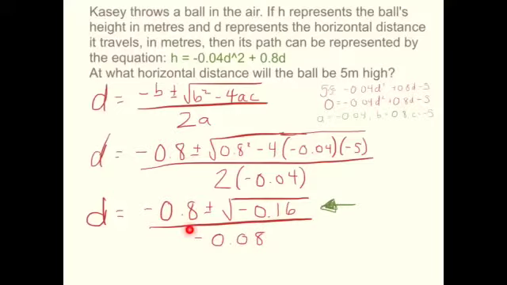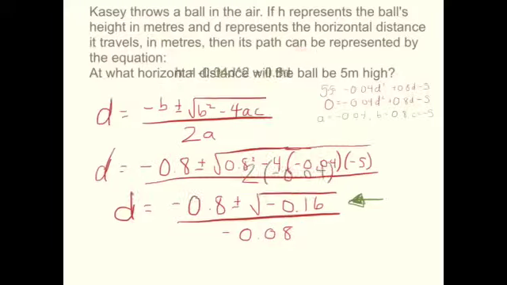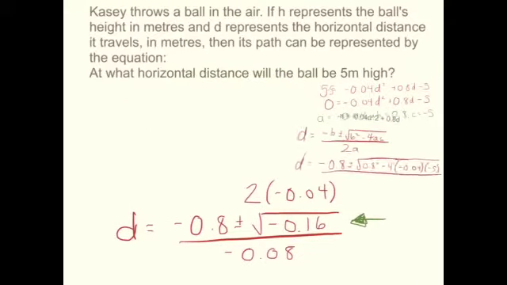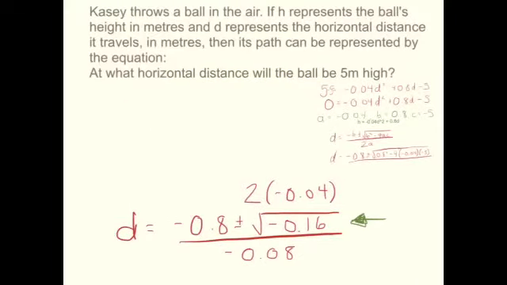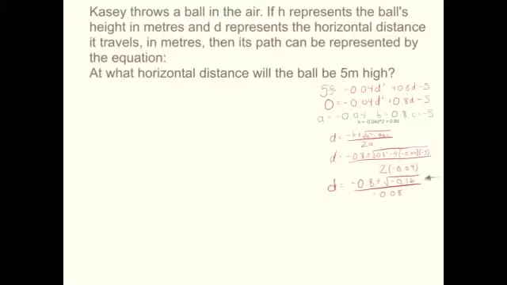In terms of the number system that you know and use, there's no answer. Which makes sense because we sort of knew from what happened in the previous questions that the ball doesn't get this high. So what we have right now is no real solutions.